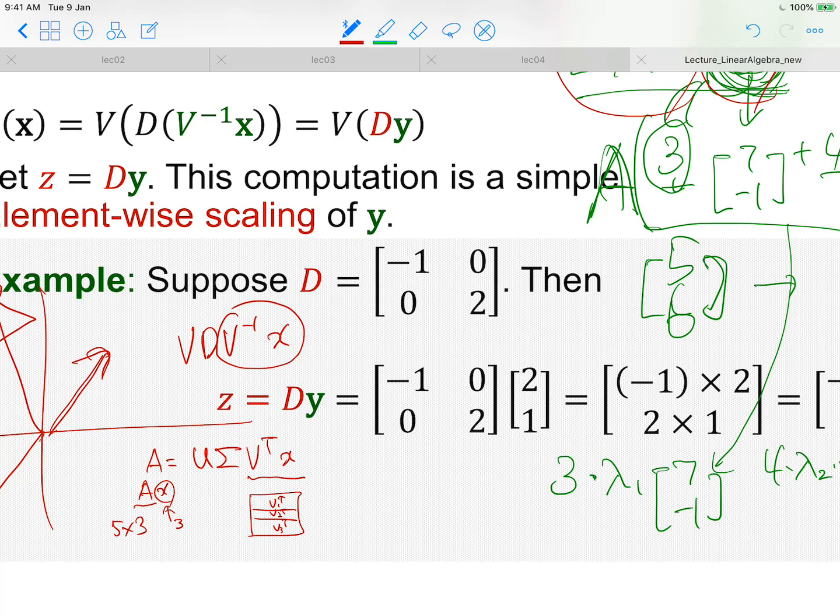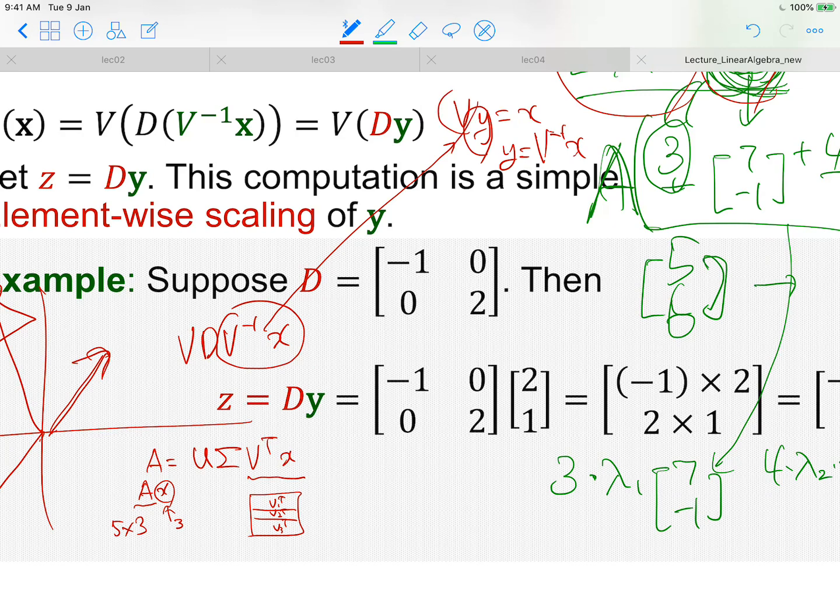So it is quite complicated to solve this linear system. But this comes from this, right? So V Y equals X, and then this Y is the solution, V inverse X, right?